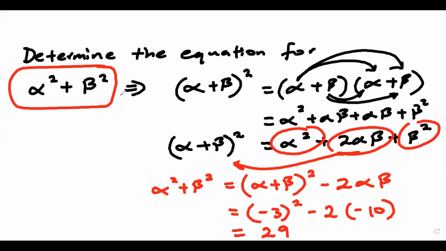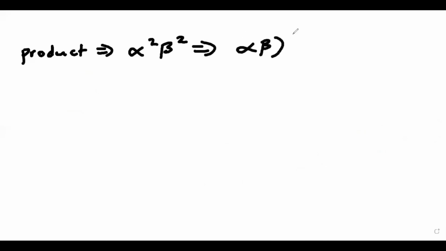So this is the sum of the roots. So now we need to find the product of the roots. So the product of alpha squared and beta squared would be alpha squared times beta squared. That's the same thing as saying alpha beta all squared.